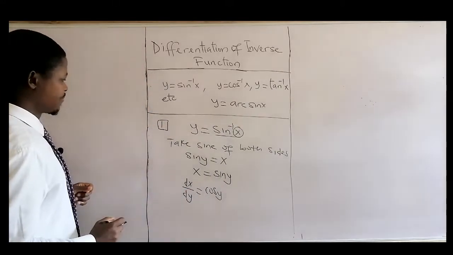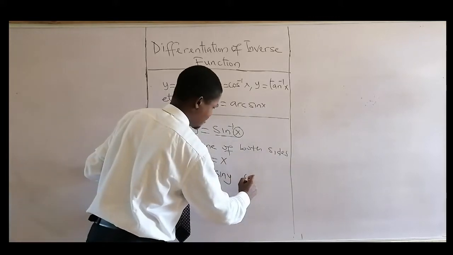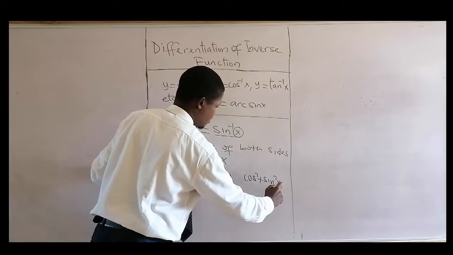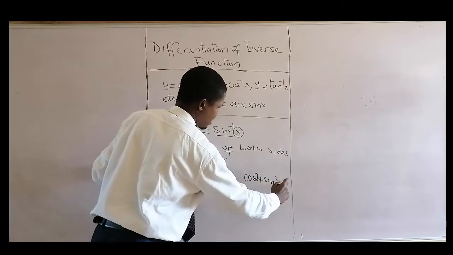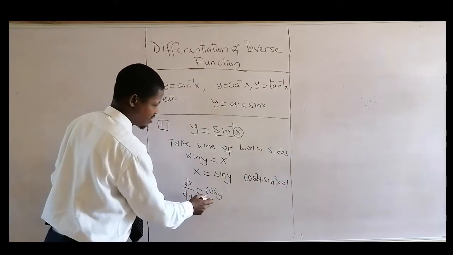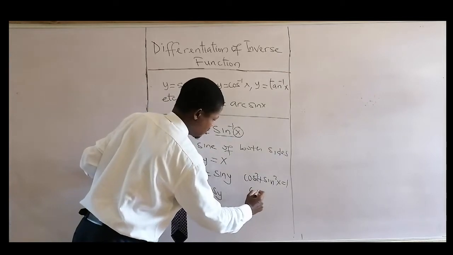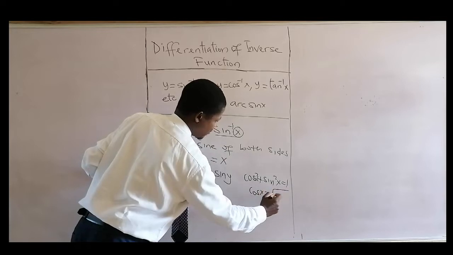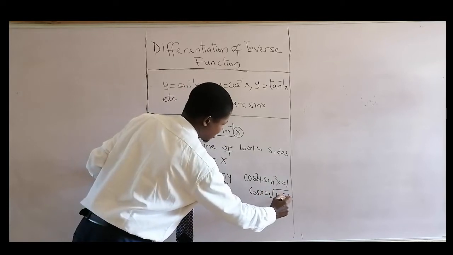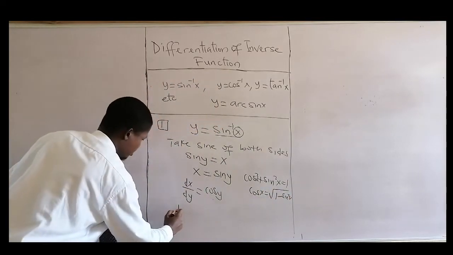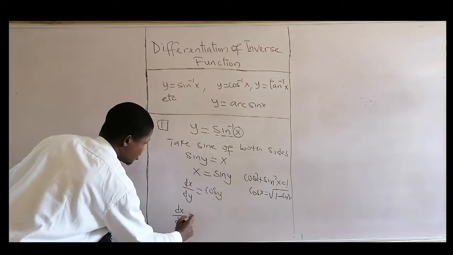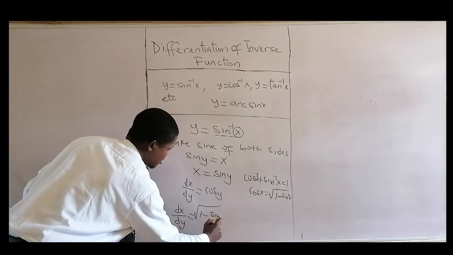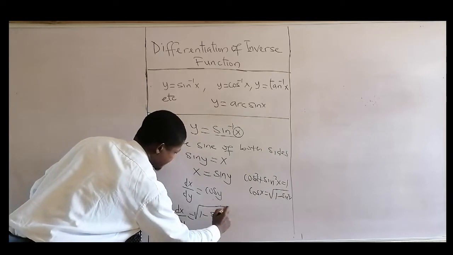The next thing to do now is to play with the identity cos squared x plus sine squared x equals 1. If we make cos the subject, cos x will be equal to the square root of 1 minus sine squared x. So dx/dy will be equal to the square root of 1 minus sine squared y.